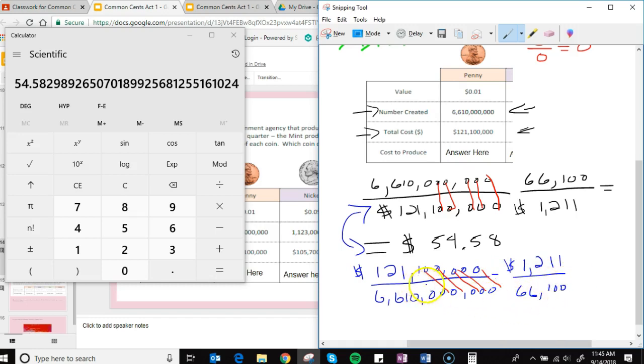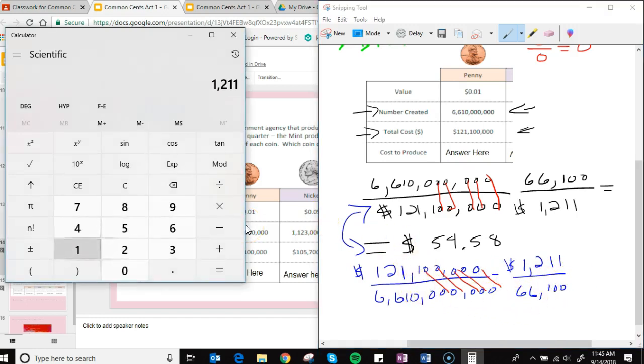And that new number looks like this. And I'm just going to write down, we're going to round this one to the nearest thousandth. In class last week, we talked a lot about rounding to the nearest tenth.